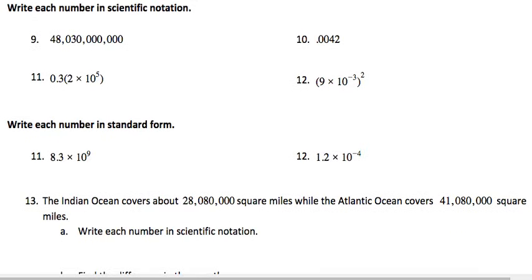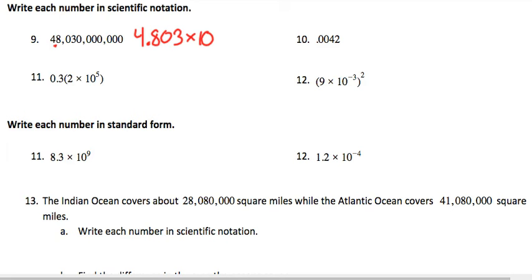All right, so I want to write each of these numbers in scientific notation. All right, so remember, scientific notation. You look at your first significant digit and you're going to put your decimal there. So ultimately what I want this to be is 4.803 times 10 to some power.